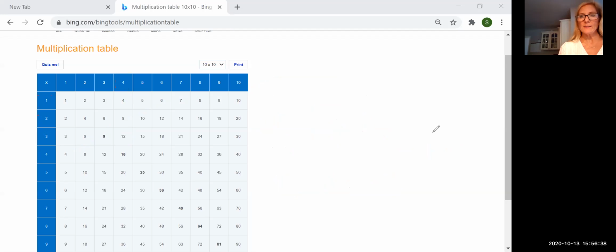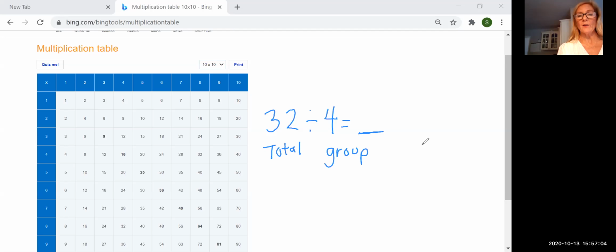Let's do 32, let's say pizzas again, divided among 4 tables is going to be how many pizzas on each table. So I have my total number of pizzas, and I have my groups. I have 4 groups. So I know that I'm looking for another factor that can multiply with 4 in order to get 32.